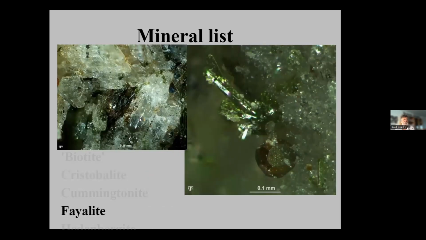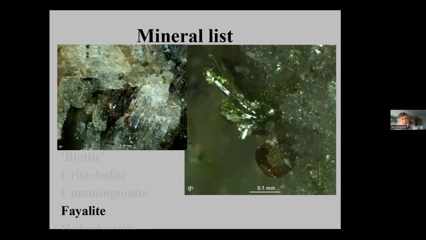Fayalite, again surprisingly, in the Taupo volcanic zone, virtually every gas bug you open will have a fayalite in it. Fayalite is pretty rare out on Mare Island as a crystallized mineral in a bug. It's certainly present in matrix, but as standalone crystals, very rare.